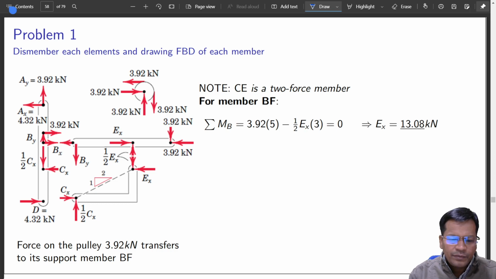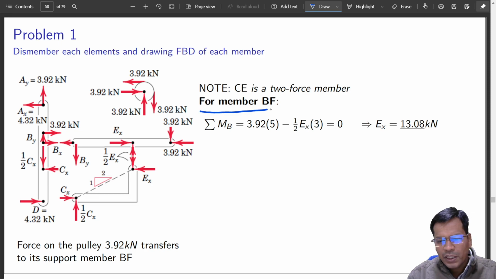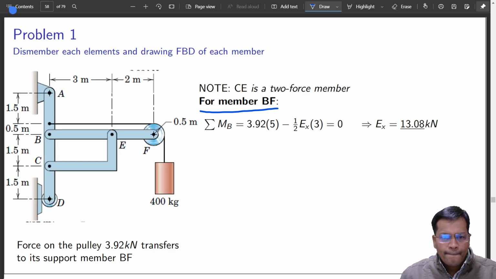Now I have dismantled the whole system. I know it is a little bit puzzling, but look one by one. I am considering a member which is BF. Let me switch on one of the things once again here. Hope you can relate it.